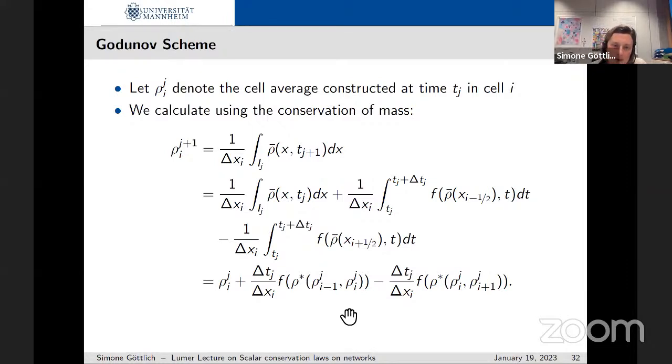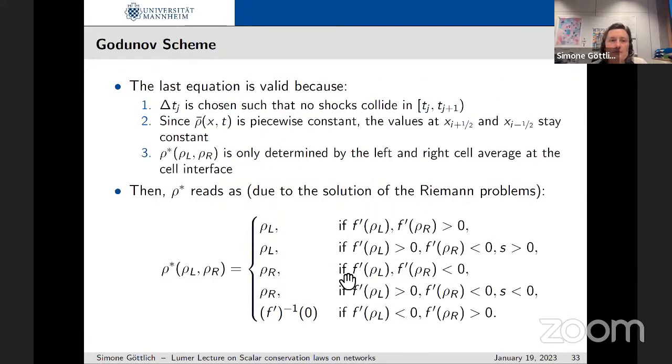But again, there is something more going on, since we have to determine this rho star to get the right flux values to evaluate the scheme. And now the Riemann problems come into play. We can think about whether this last equation is valid, but this is due to the construction. So we have step sizes according to the CFL condition and piecewise constant initial data.